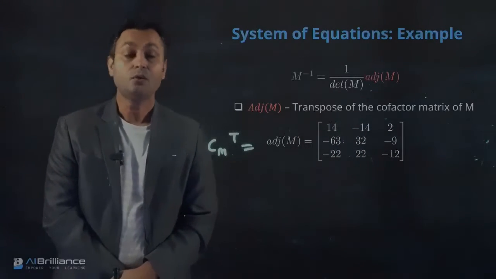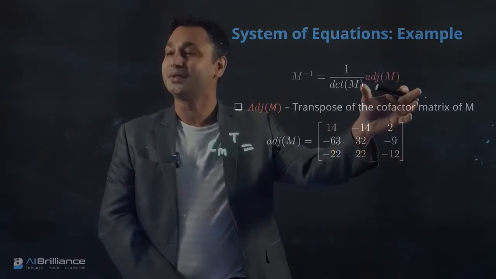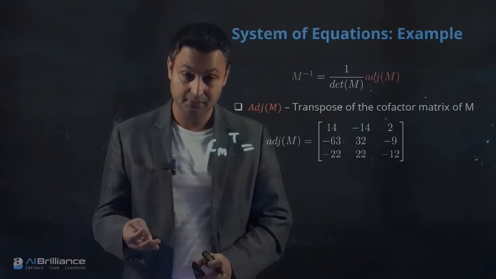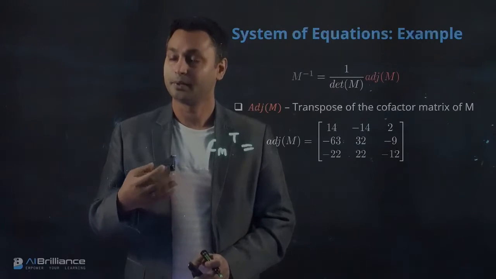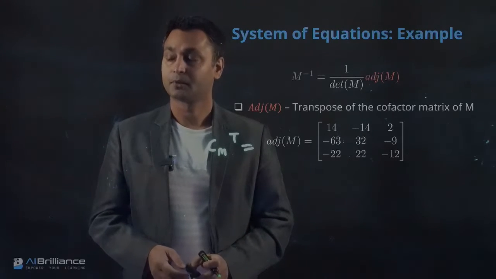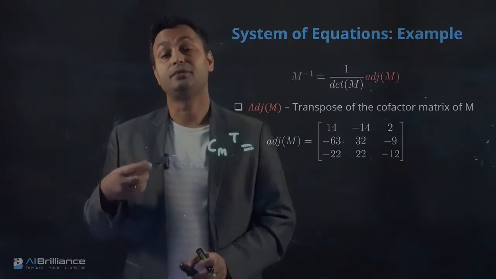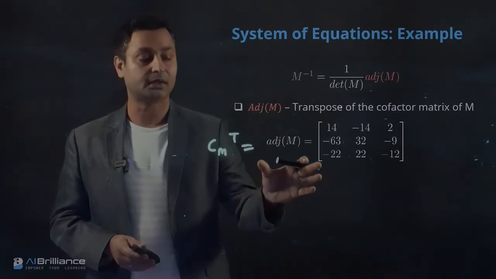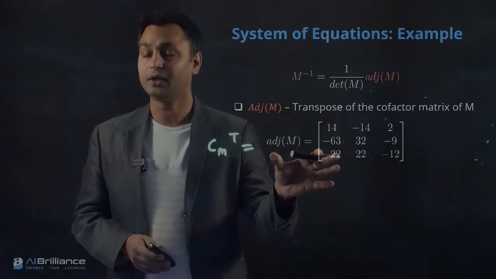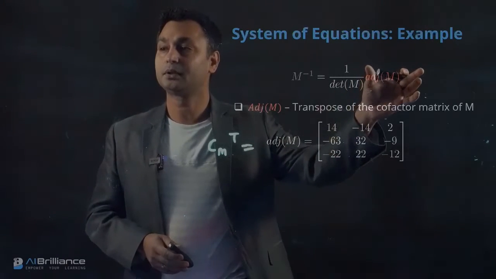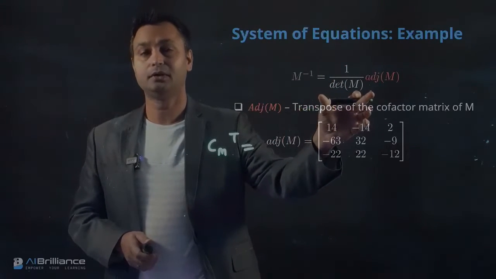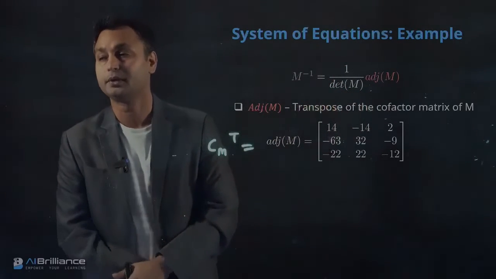Now we have arrived at the numerator, which required us to compute three steps. The minor, from the minor we computed the cofactor, and then from the cofactor we took the transpose, and those three operations allowed us to compute the adjoint or adjugate, which is the numerator of the M inverse computation. And as I already discussed, we also computed the determinant.